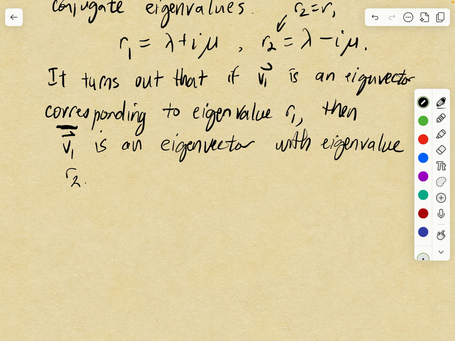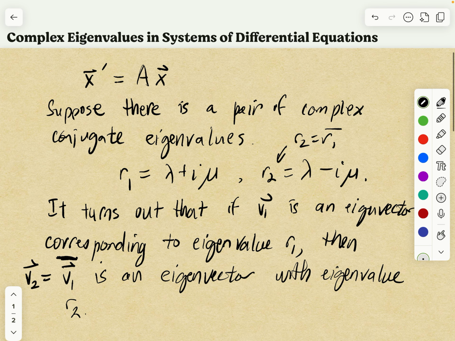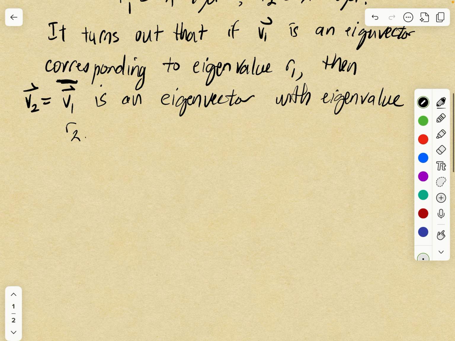Okay, so once you have your v1, you can find your v2, right? You just take v2 to be v1 bar. So that gives you your v1 and your v2, and then you have the general complex solution. You take all complex solutions to x prime equals Ax, and if you take real and imaginary parts, there's a theorem that the real and imaginary parts of a complex solution are also solutions.